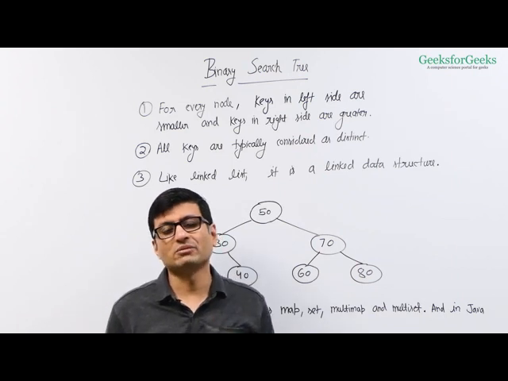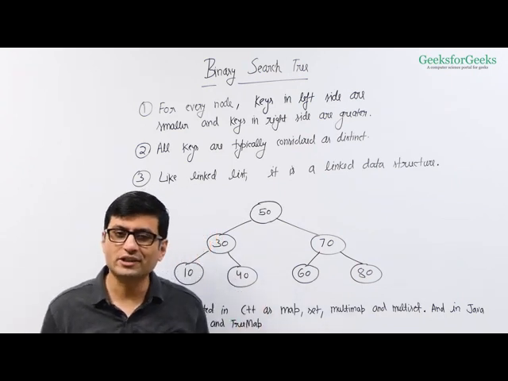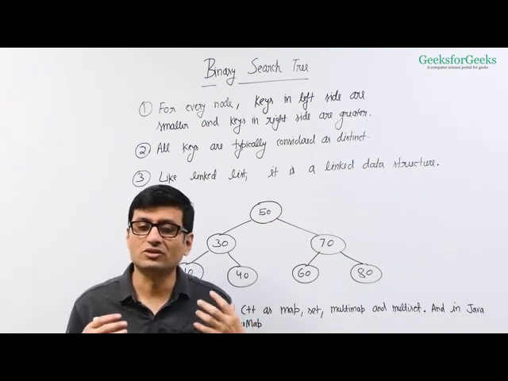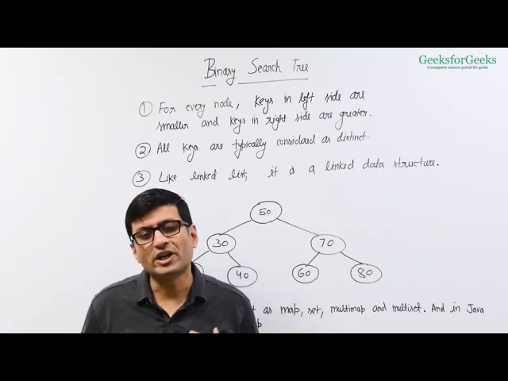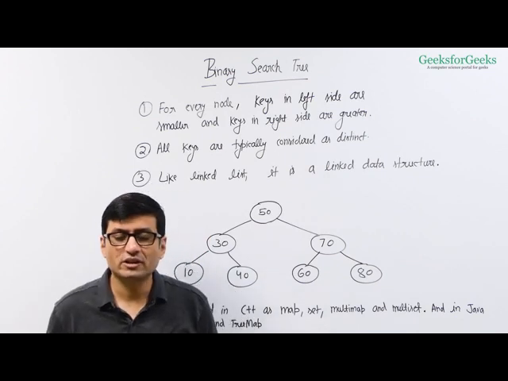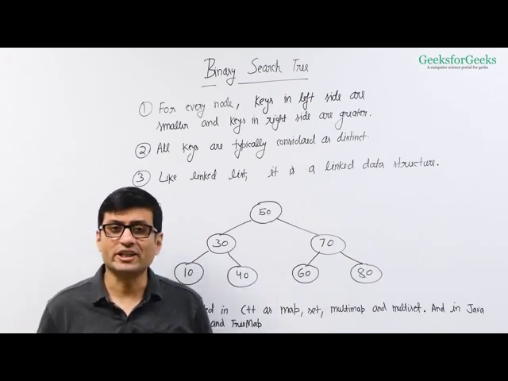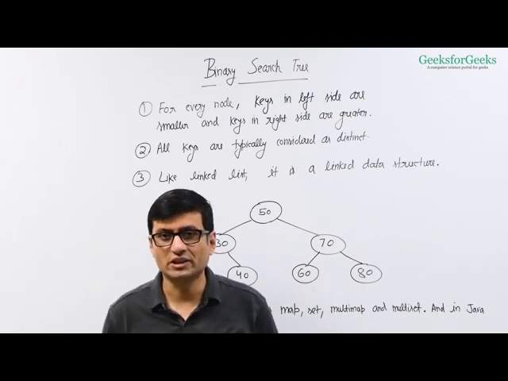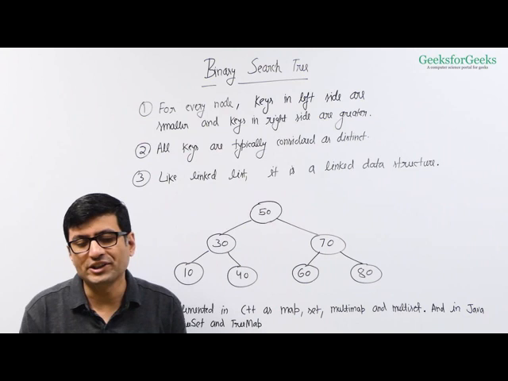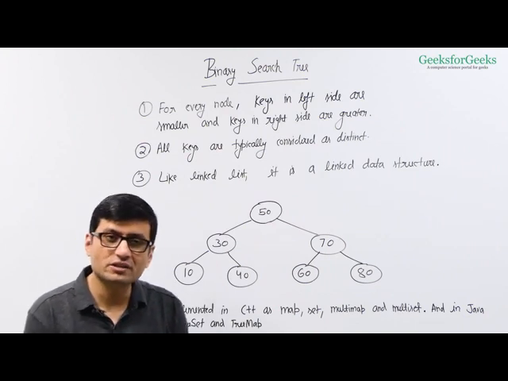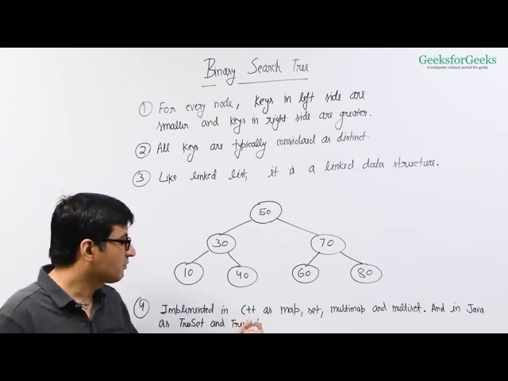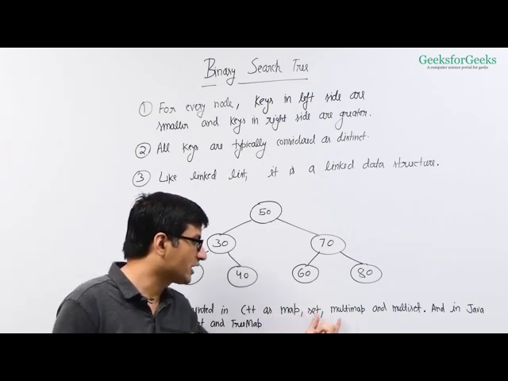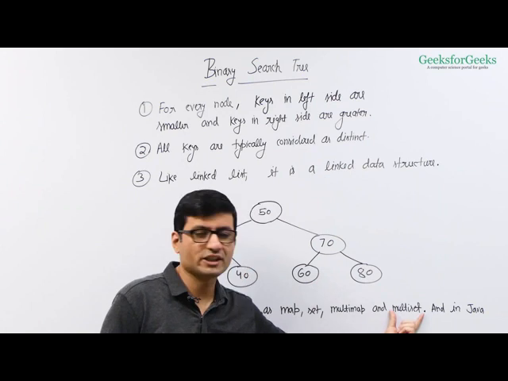Since the items are at different locations, data structures like linked list, binary tree, binary search tree, these are all not cache friendly. If we talk about binary search tree implementation in libraries, in C++, binary search tree is implemented by the map container, set container, multi-map, and multi-set containers.